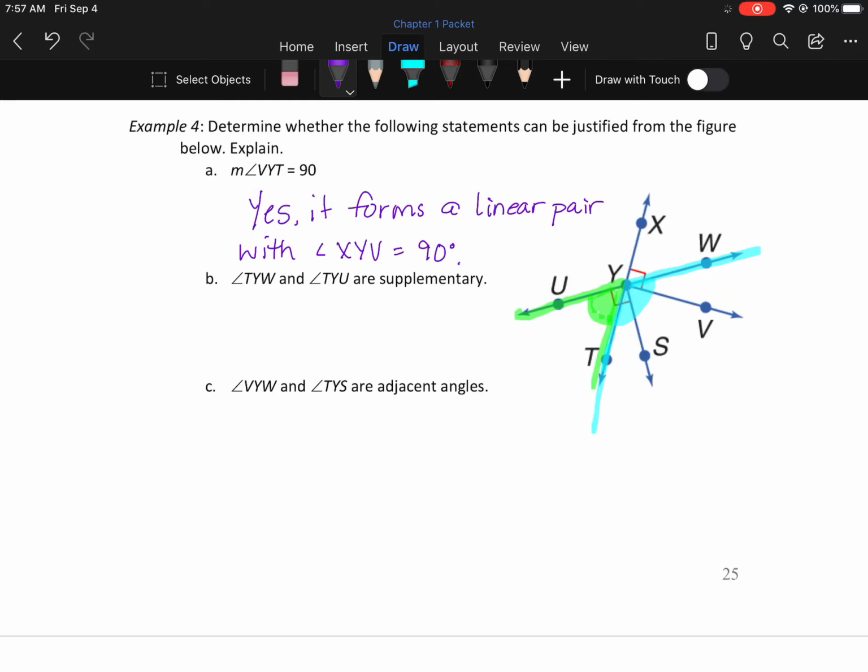So supplementary means 180 degrees. What we know is that both of those angles form a linear pair. So we're going to say yes, angle TYW and angle TYU form a linear pair.